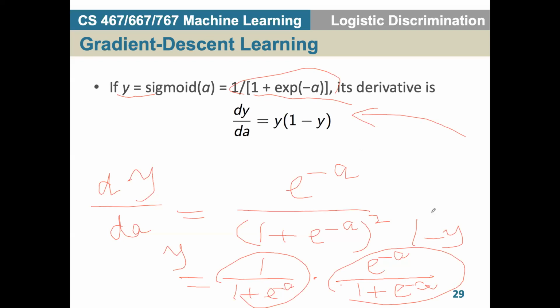So the question is, why do we want to write this as a function of y instead of a? We could just use the earlier form, so why bother? We don't stop here; we really go to here. The reason is very simple: exponential is very expensive on a computer. The ALU, the arithmetic logic unit, has to use approximations like a Fourier transformation to compute the exponential.